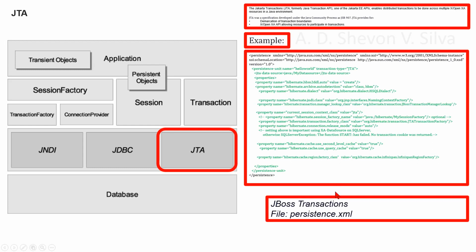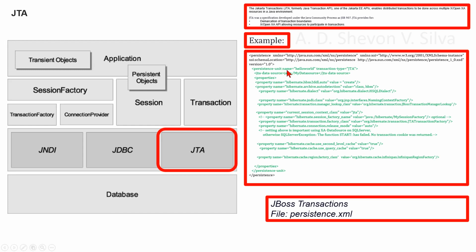We can consider this one as an example, a JBoss transaction. The segment is in the persistence.xml file. Here you can see a name attribute.